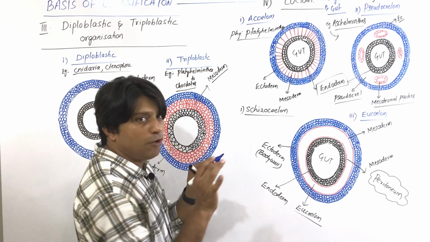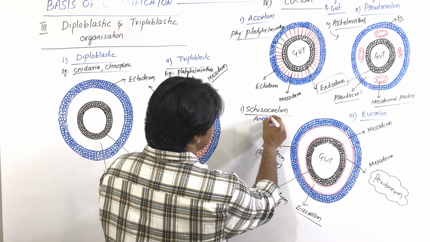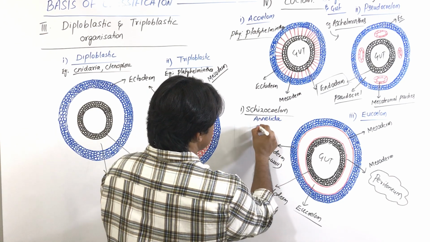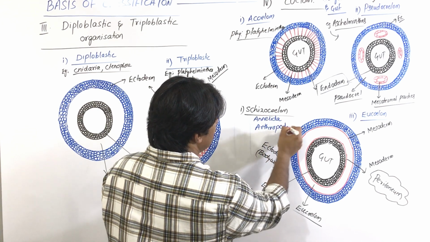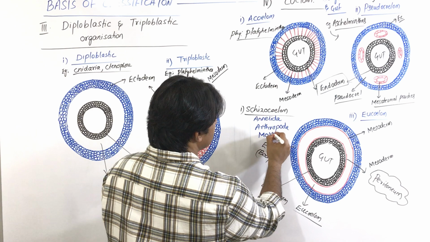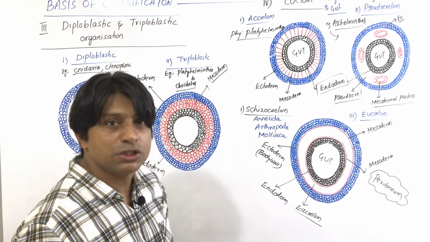Schizocoelom type of coelom formation is found in annelids. So remember, in Annelida, Arthropoda and Mollusca, in all these three, we have schizocoelom.